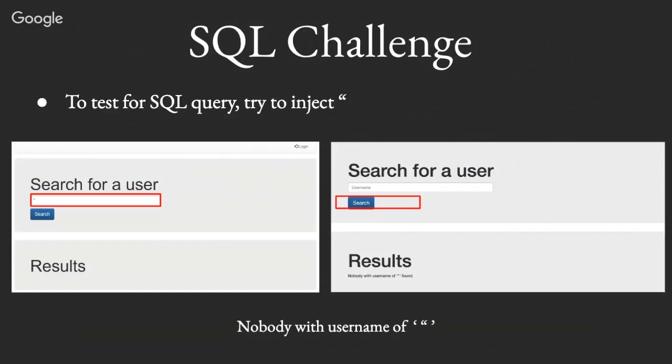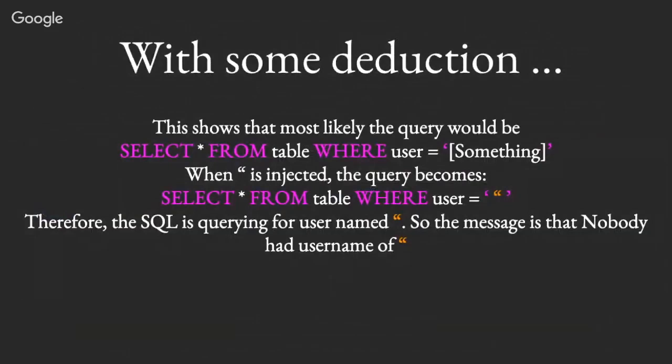Okay, so when we inject the double quote, it shows that nobody with the username of double quote exists inside the database. So what we know is that this is most likely the query in the website, as there's no error message being popped up.